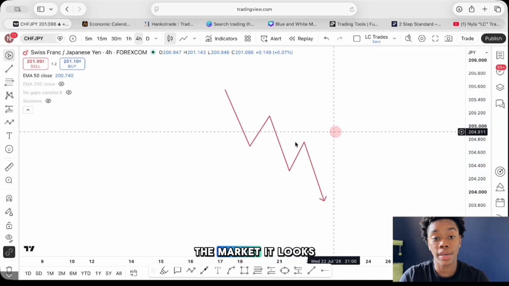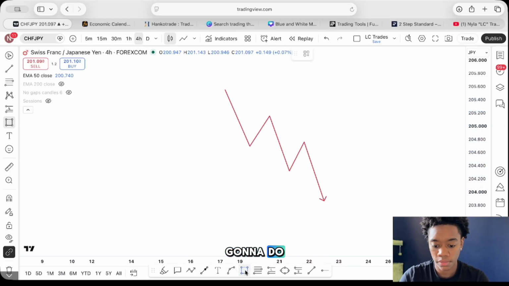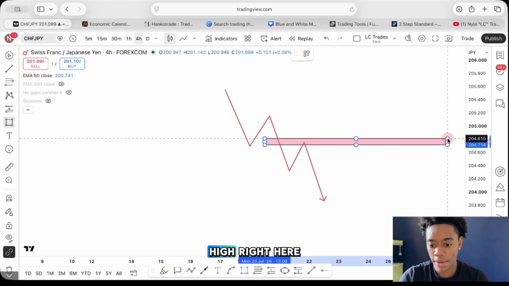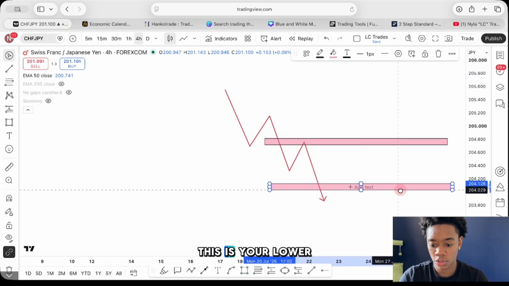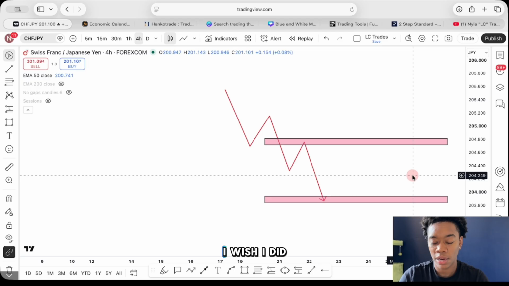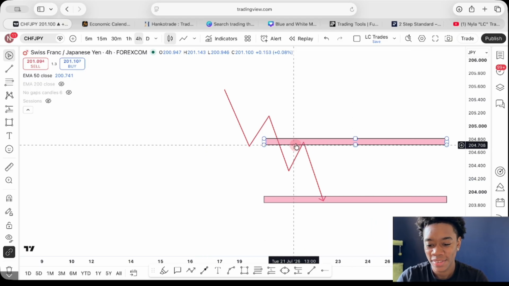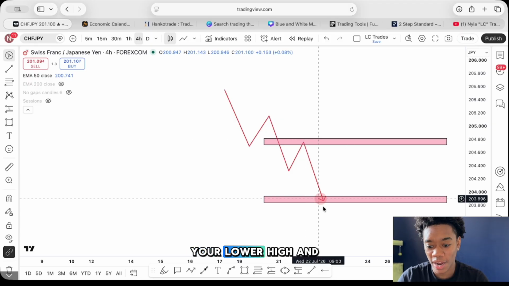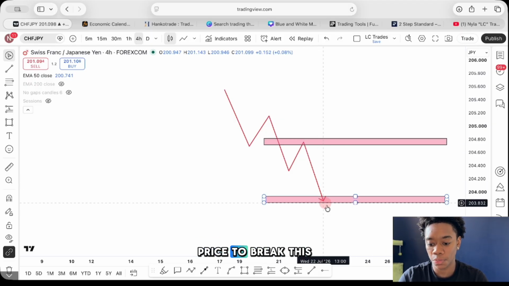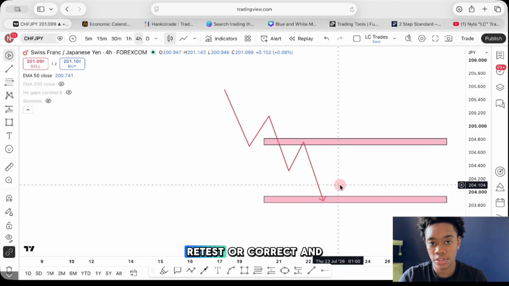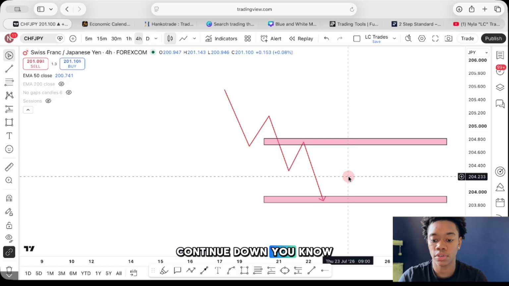You come into the market, it looks like this. This is your lower high right here. This is your lower low right here. I wish I did this at the beginning of the video. I should have. But you're going to draw it literally at your lower high and lower low. And what you're waiting for is for price to break this swing low, retest or correct, and continue down. You know what I'm saying?